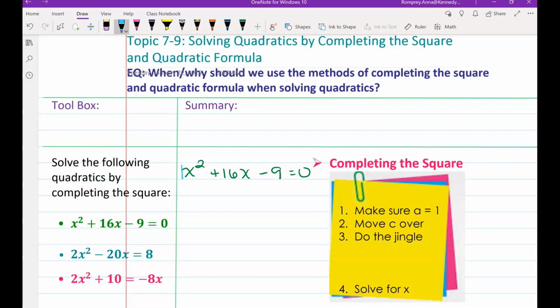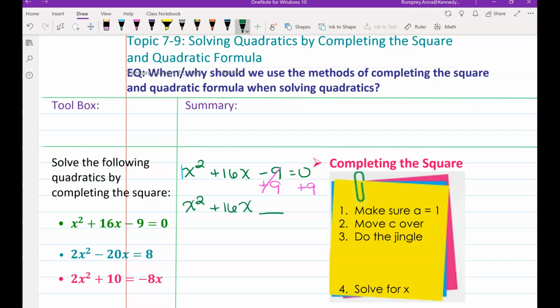So then we move on to step 2, and it says move C over. So let's identify our C term, this minus 9, and let's move it to the other side. So we're going to add 9 to both sides. So we have x squared plus 16x.